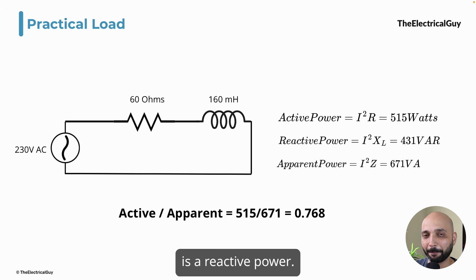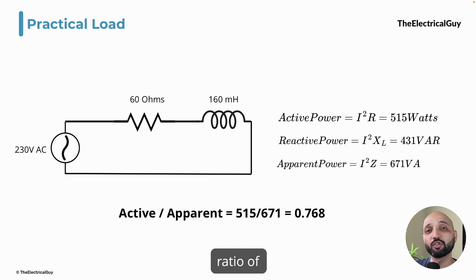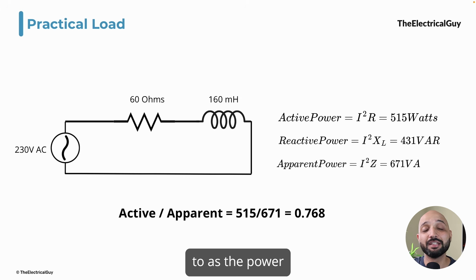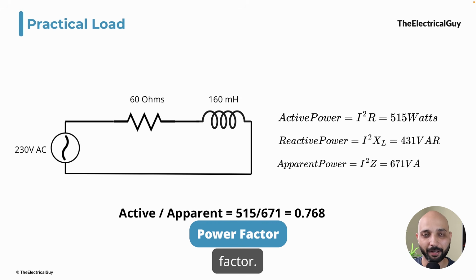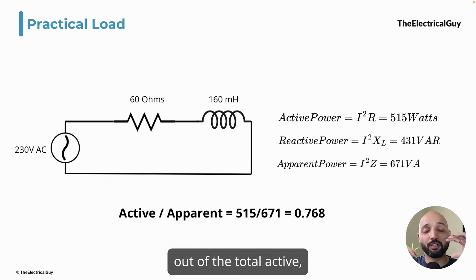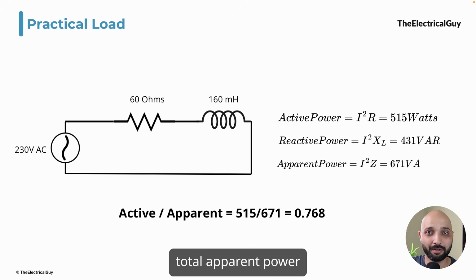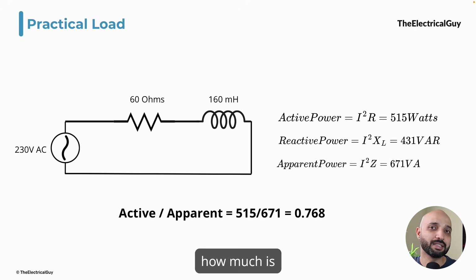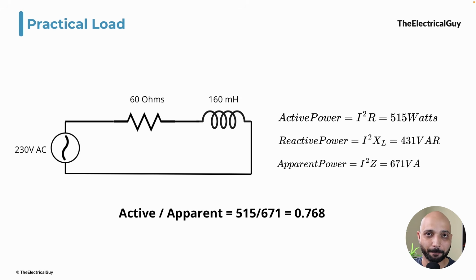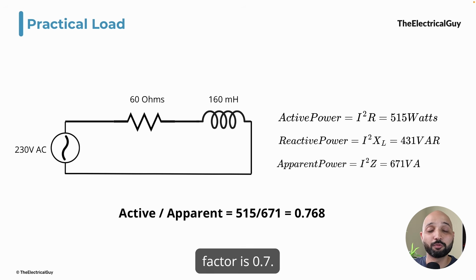reactive power. And this ratio of active power and the apparent power is what we refer to as the power factor. Power factor tells you out of the total apparent power that you are consuming, how much is the active power and how much is the reactive power. And here in this case, the power factor is 0.7.